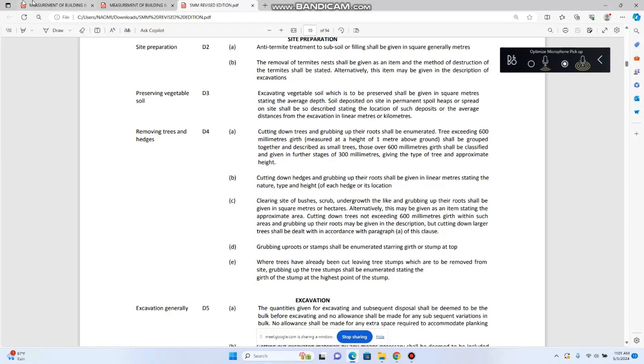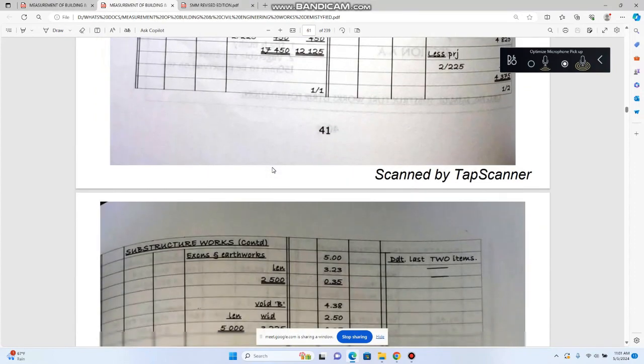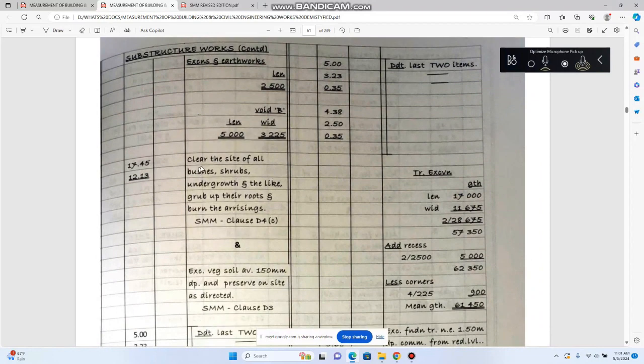Clearing the site of bushes, shrubs, and undergrowth, and grubbing up their roots shall be given in square meters. So when we come to measure this site clearance, because we have been told the site is bushy, when we write the description we write: clearing the site of all bushes, shrubs, undergrowth, and the like, and grub up their roots and burn the arisings. You see it's written SMM clause D4.